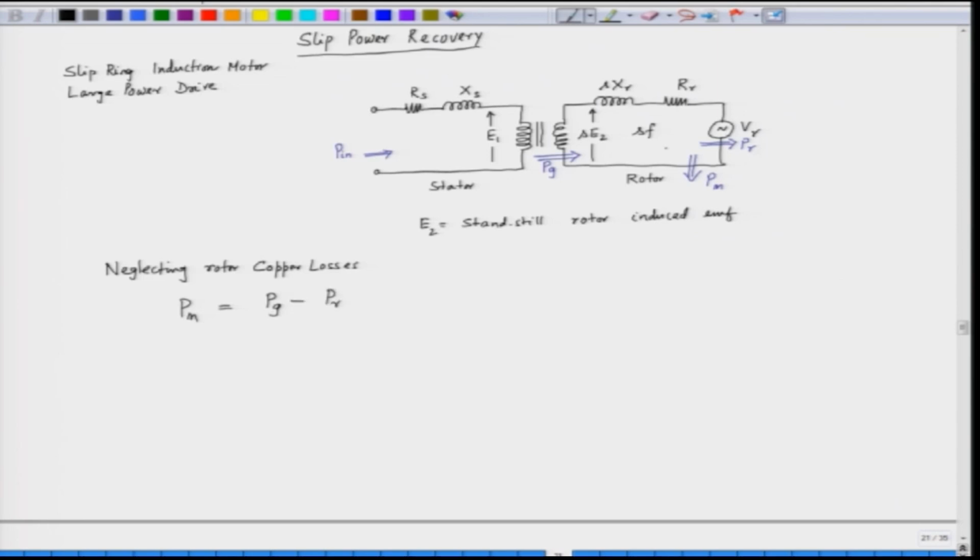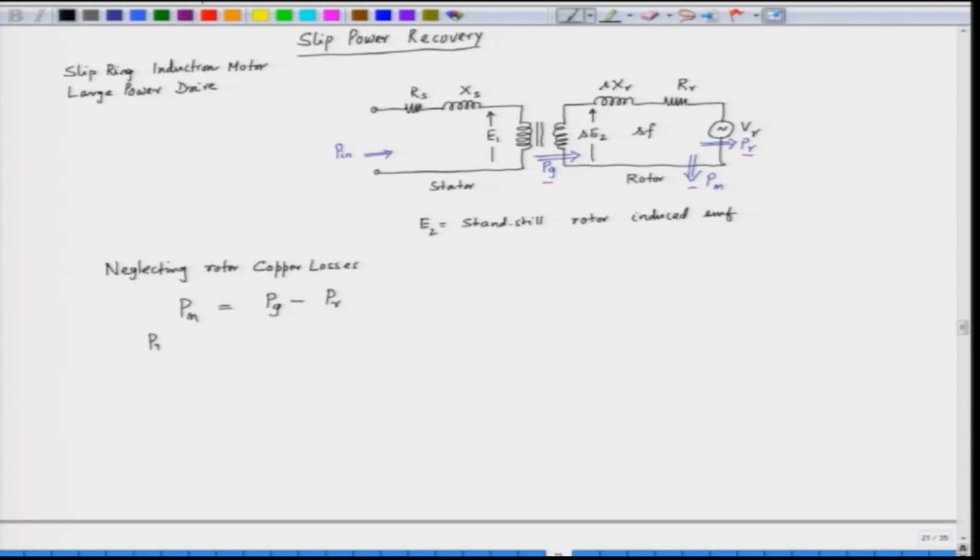So, we have the input power, then the power which is recovered by the voltage source, that is Pr, and the power which is converted to mechanical power is Pm. So, this is the equation.